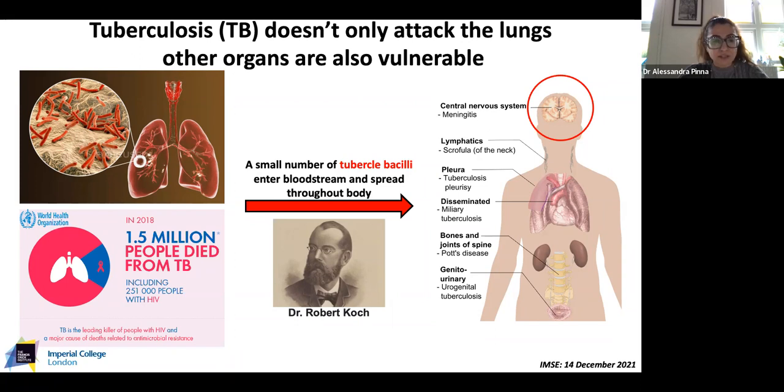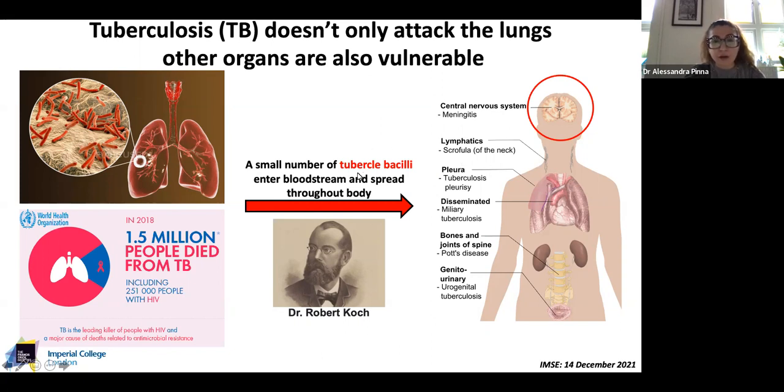So in 2018, as you can see from this picture on the left, the World Health Organization reported that 1.5 million people died from TB. So the transmission of Mycobacterium tuberculosis is an airborne transmission. Consequently, the first focus of infection is the lung.